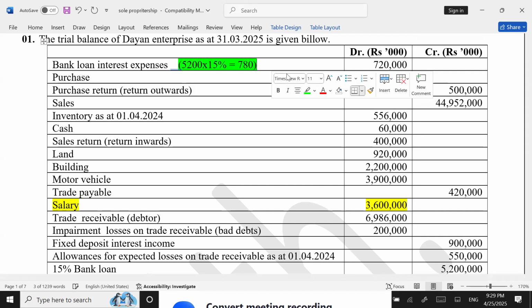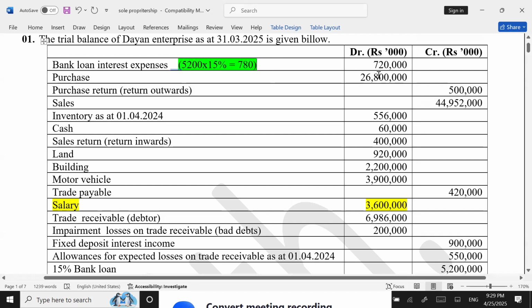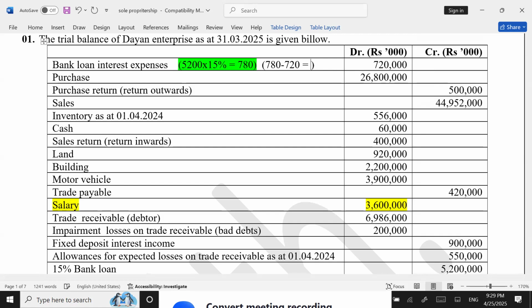But the trial balance shows 720. That is the value paid in cash. Therefore the difference is the accrued loan interest: 780 minus 720. The difference value should be considered as accrued loan interest. As expense, the calculated value should be considered, paid or not. The loan value is given as 5,200.